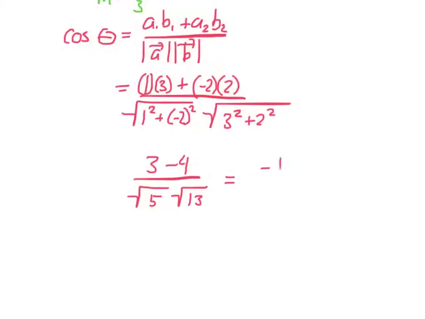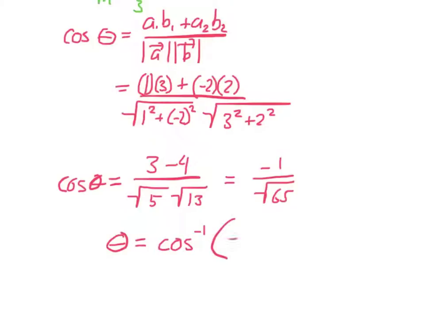So we have negative 1 over the square root of 65. And this equals cosine theta. So to find theta, I take the inverse cosine, making sure my calculator's in degrees, of negative 1 over the square root of 65. And this equals 97.1 degrees.